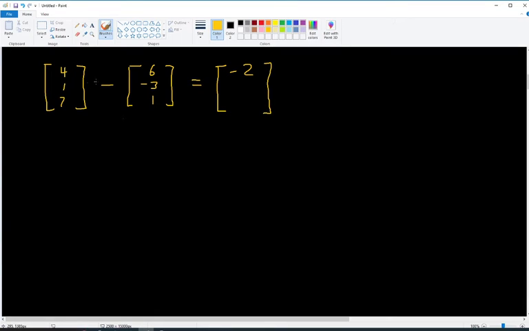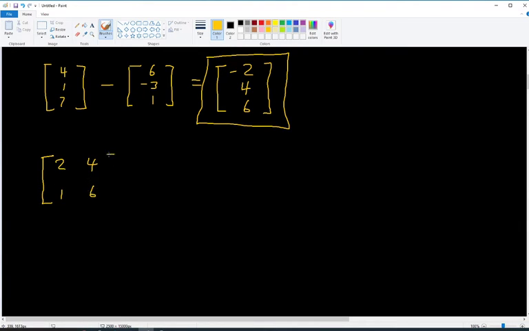We get 1 minus a -3. Minus a negative is positive, so this is really 1 plus 3, which is 4. And then 7 minus 1 is 6. So nothing real fancy to it. It should work just the way you want it to.